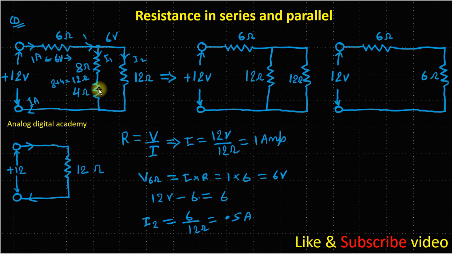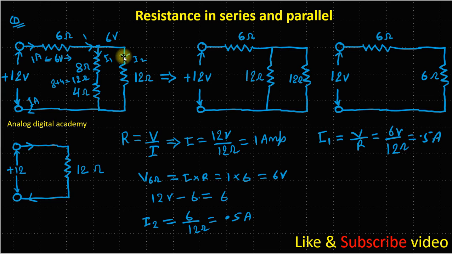So you can calculate I1. I1 equals V upon R. V is 6 volt and the resistance is 12 ohm, so the current will be 0.5 ampere. Or you can calculate in another way. From the first equation we have this value, and the current entering this junction is 1 ampere.